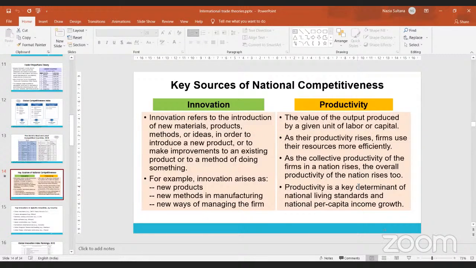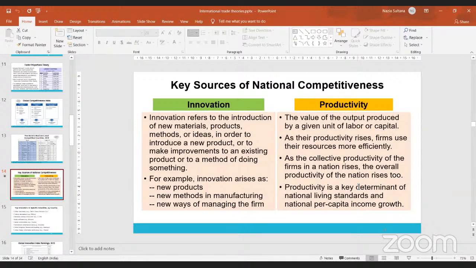He says countries can innovate by producing new products, by inventing new methods of production, by identifying a new way of managing, or by identifying a new market. These are the five things where we study Schumpeter's theory, the theory of innovation. According to him, those are the five ways in which countries can innovate.